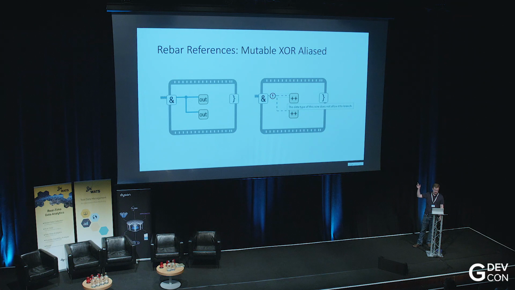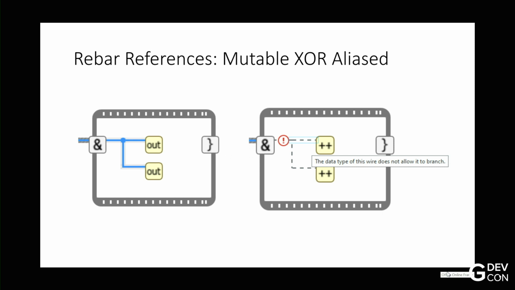But on the right, the reference coming into the structure is mutable, and because we branched it and we're trying to modify it in two different places at the same time, the compiler flags an error that says the type of this wire is not something that is allowed to branch. And so just by that simple expedient of saying some wires aren't allowed to branch, we've effectively eliminated a large category of problems that you would normally have by passing around what are effectively raw pointers.